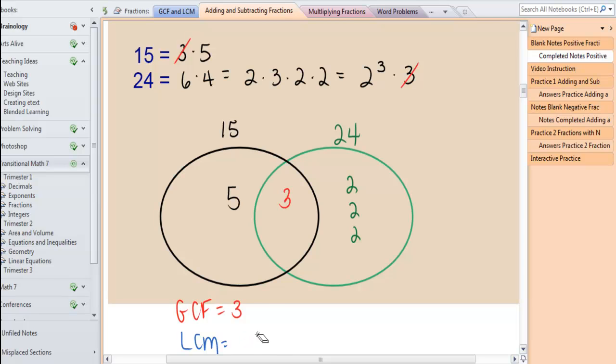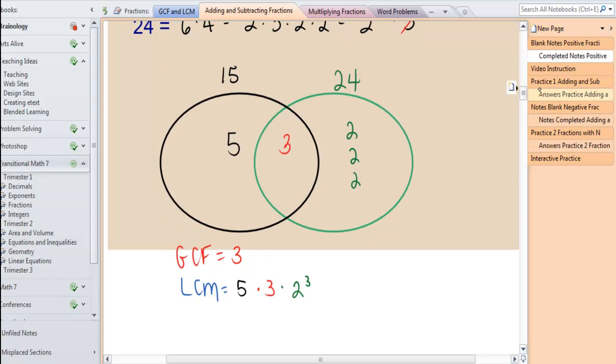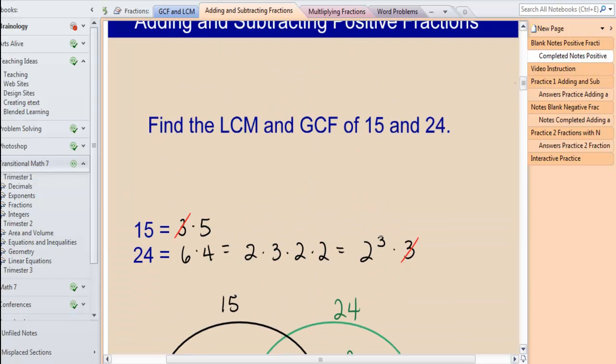So we're going to multiply the 5 in the black circle, the 3 that is in the overlapping part, and the 2 to the third, or the 3 2's that are in the green circle. Again, if you need to, you can use your calculator here. All together, that's going to give me 120. So the least common multiple of 15 and 24 is 120.